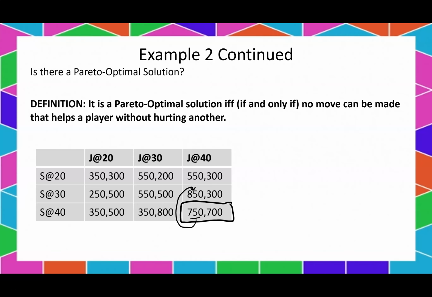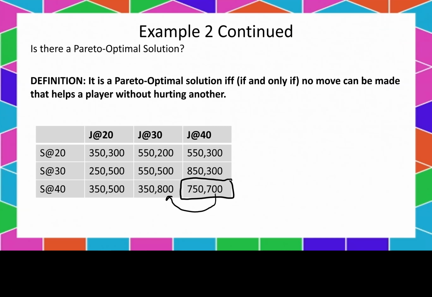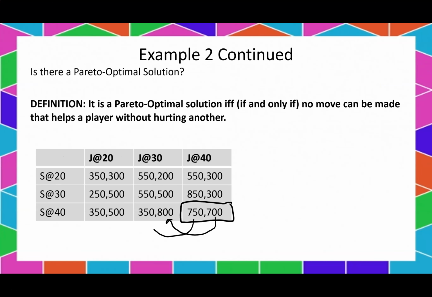And so she's going to try to convince Miss Johnson to go to that box, but Miss Johnson's going to say, no way, Jose, because I'm going to lose $400. I'm not doing it. So then Miss Johnson says, well, hey, Miss Sorensen, I can actually make $100 more by going here. That's my only better situation. You want to go there? She's like, heck no, because 750 to 350 is a huge drop for me. So yes, this is a Pareto optimal solution.